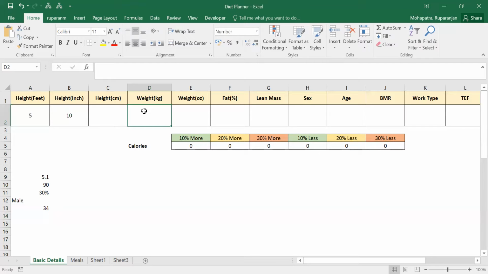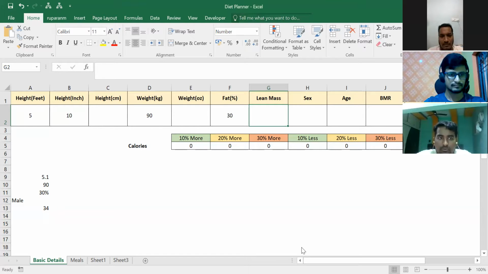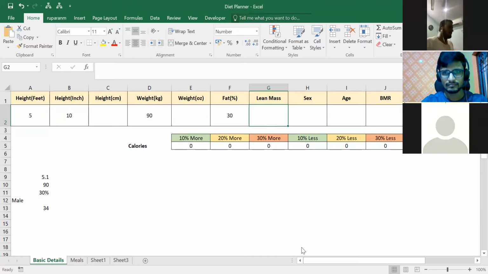Then weight we'll take as 90 kg, and body fat percentage we'll take as 30%.